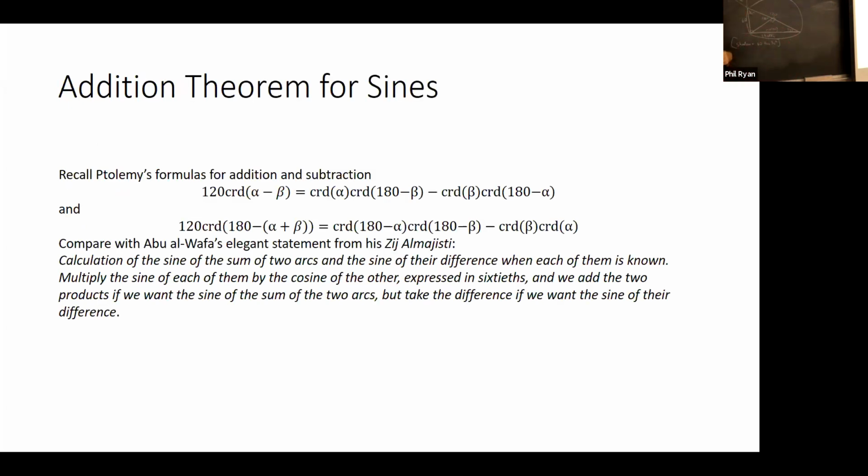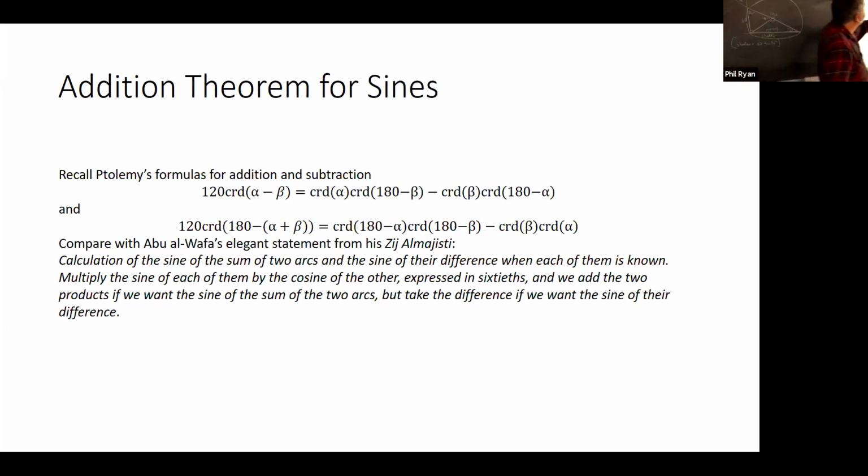So Abu al-Wafa came up with an addition theorem for sine. Right? So remember I talked about before that Ptolemy had come up with an addition and subtraction formula for chords, and it was what enabled him to make his table of chords.